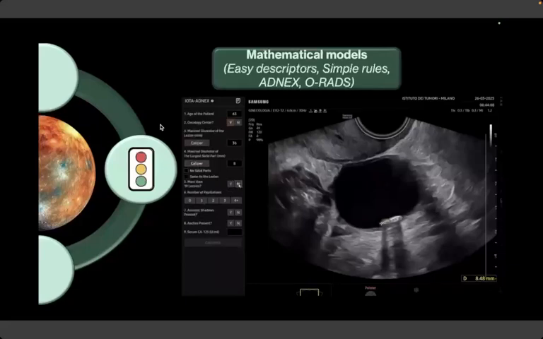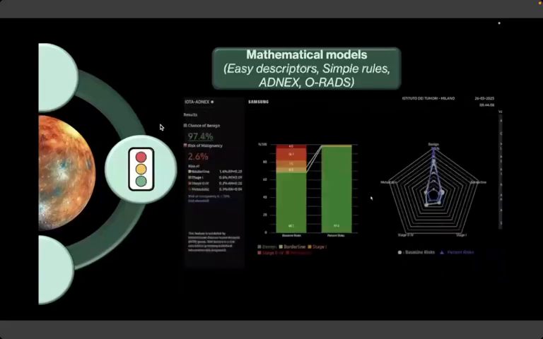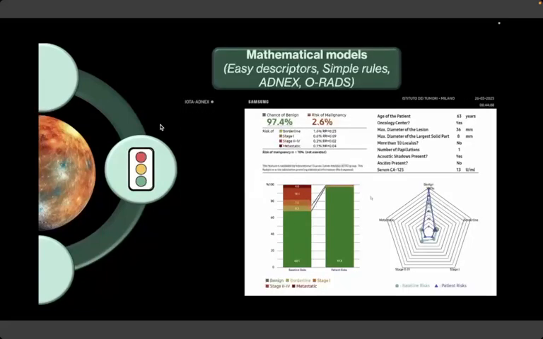We select the number of locules, the presence of papillary projection, shadowing, ascites, CA125, and we calculate the risk. In case of a lesion suspected of being malignant, we have the stratification of the relative risk between borderline, early or advanced stage ovarian tumor and metastatic tumors.